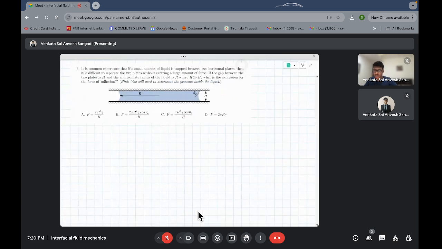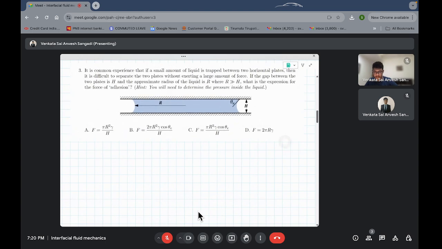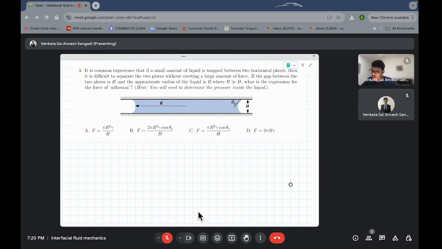In the third question, it says it is common experience that if a small amount of liquid is trapped between two horizontal plates, then it is difficult to separate the two plates without exerting a large amount of force.